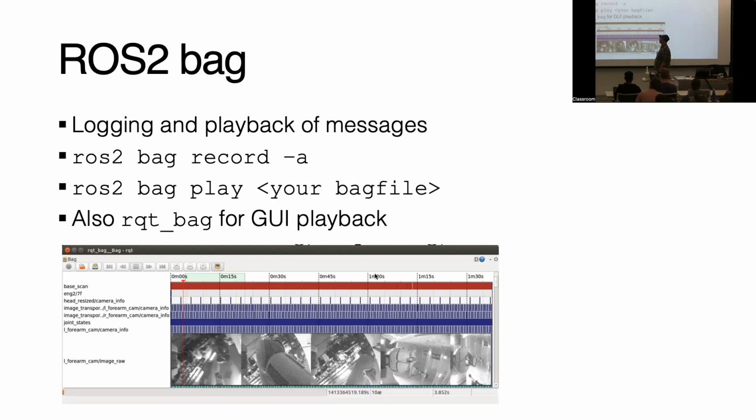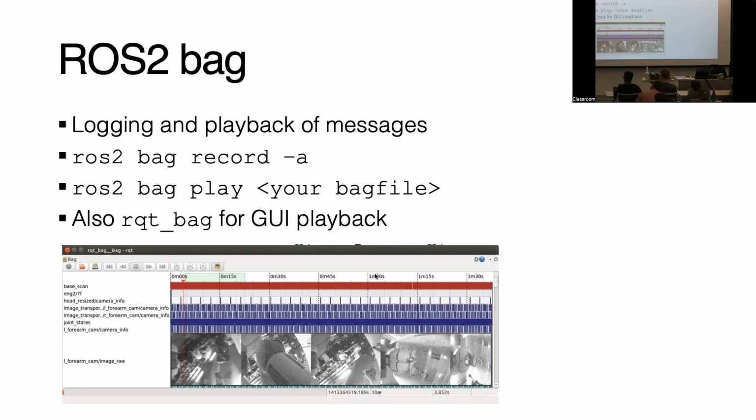ROS2 also has, and ROS1 also has, a sophisticated logging system called ROSBag. We can record all of the messages that happen while we're running our robot. And then I can play them back. It will save all of the messages and what time they happened.